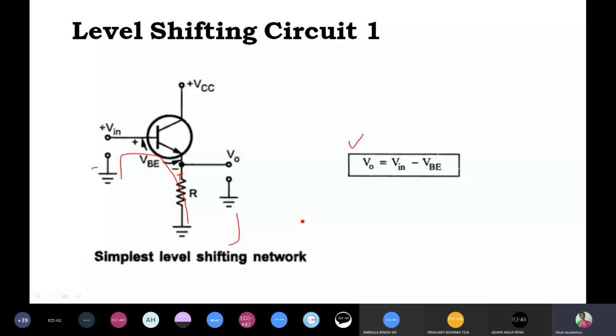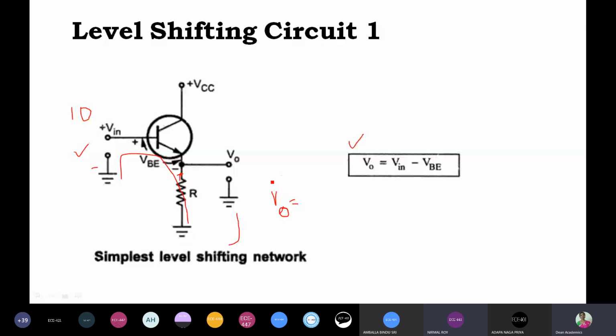That means at the input of this circuit, let us assume, just for clarity's sake, I am giving numerical values: Vin is 10 volts. And what is the typical value of VBE? 0.7 volts.